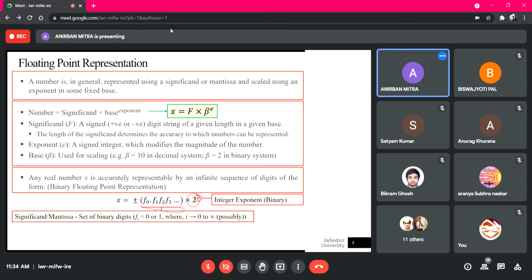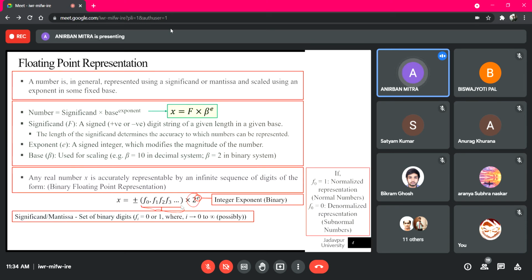That is not allowed. So there has to be consistency in the number system. If the significand is in binary, obviously the exponent has to be binary as well. And remember also that the exponent is always an integer value.